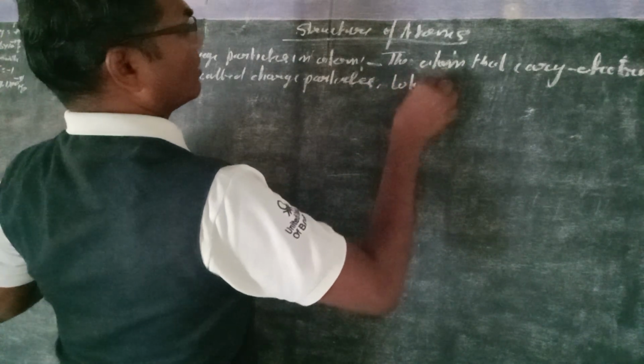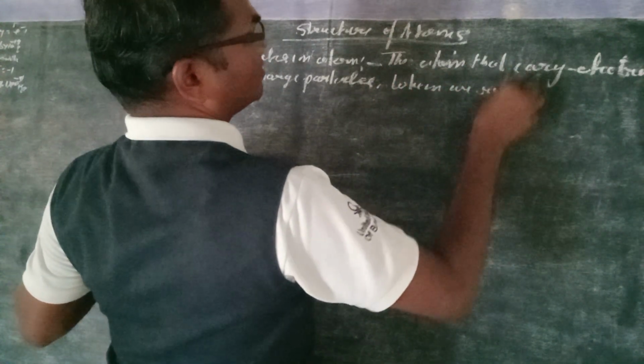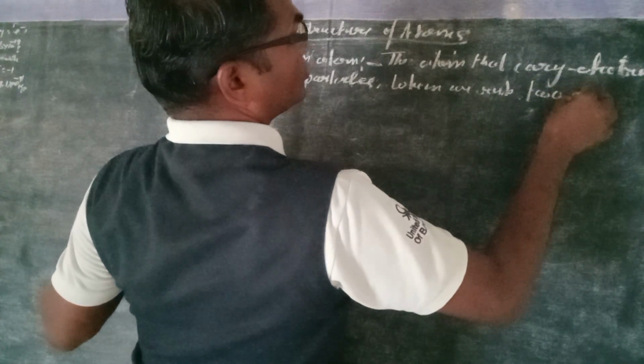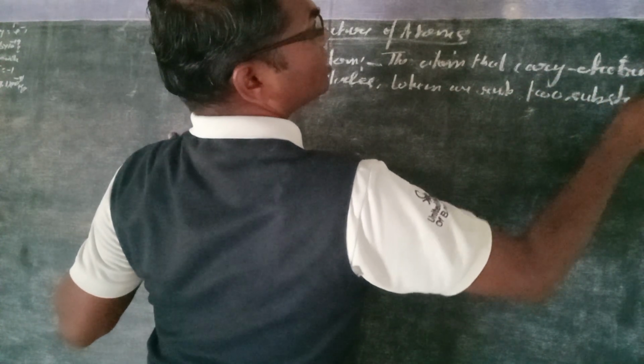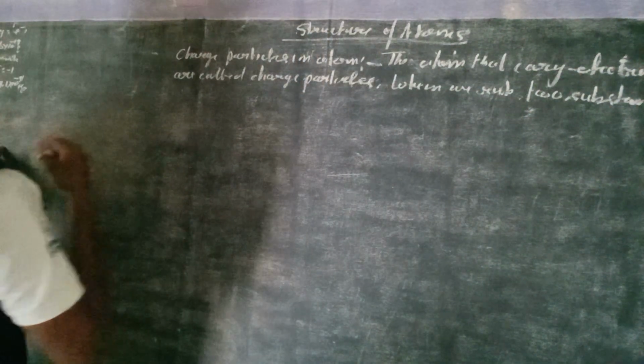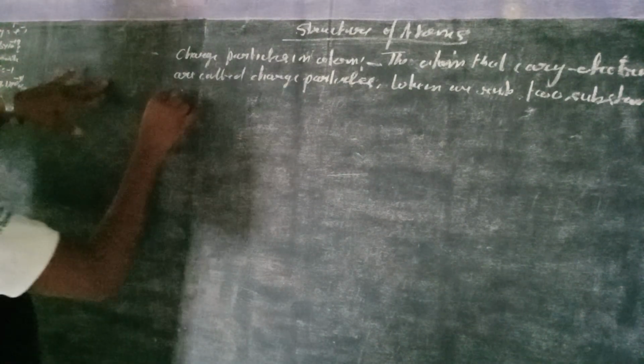Rubbing: when we rub two substances, they get electrically charged.